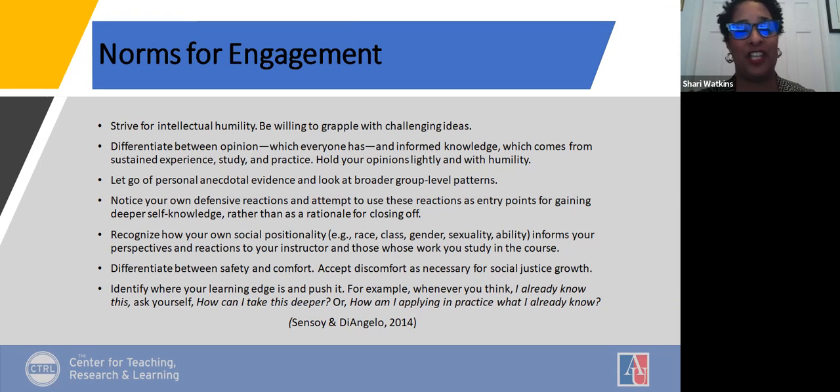We want to differentiate between safety and comfort, and accept that discomfort is necessary for social justice change. And we want to identify where our learning edge is and push it, to continue to challenge ourselves. I hope that we will be able to do this in today's session.